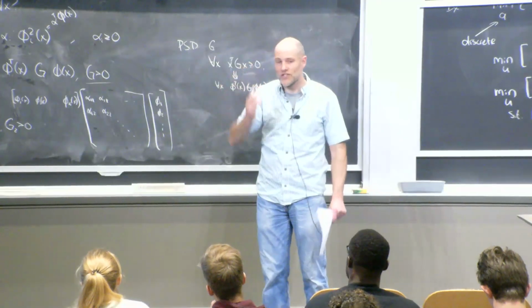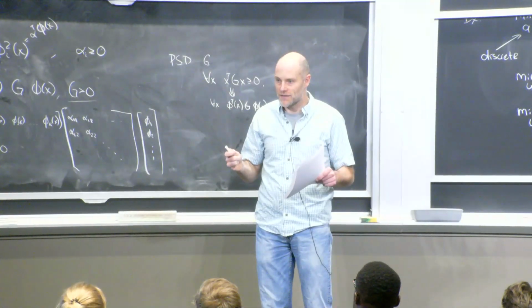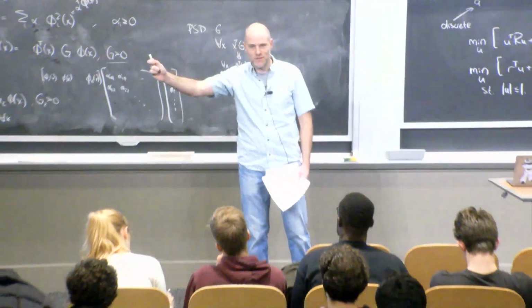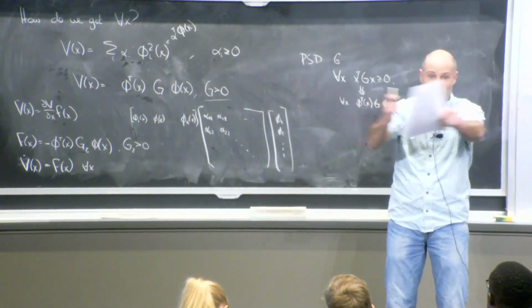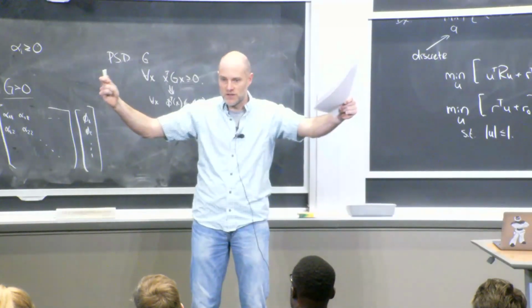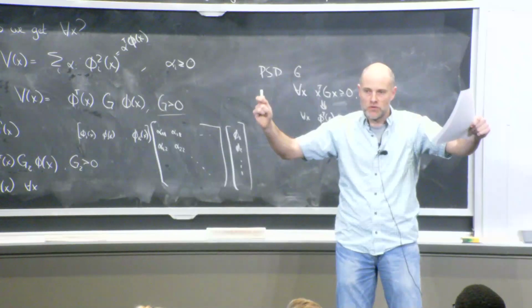Right? The set of positive semi-definite matrices forms a convex set. You take positive semi-definite matrix 1, positive semi-definite matrix 2, take a linear interpolation between them. Every matrix in between is also positive semi-definite. That's like a two-line proof, but okay.